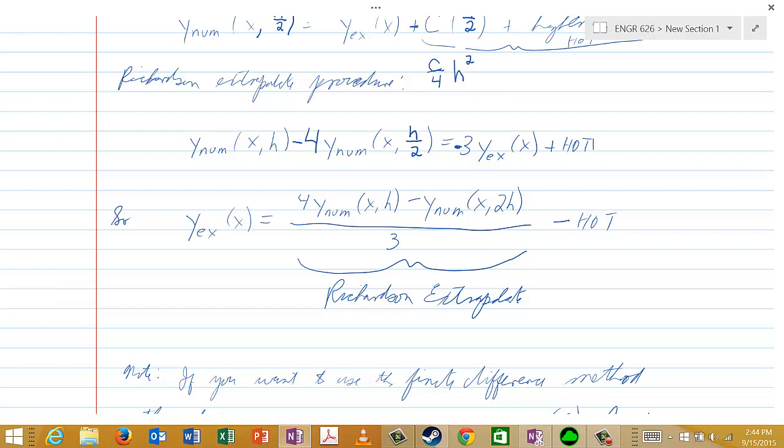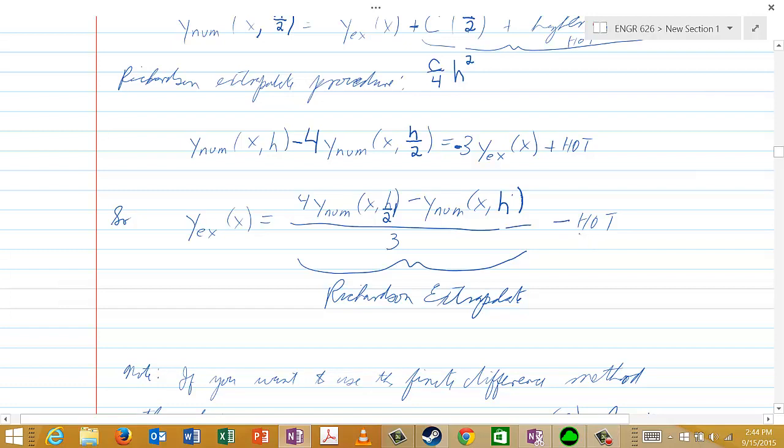We take the higher order terms over to the other side of the equation and then divide by negative 3, and so this will give us 4 times y numerical of x comma h over 2 minus y numerical of x comma h, divided by 3, minus higher order terms.